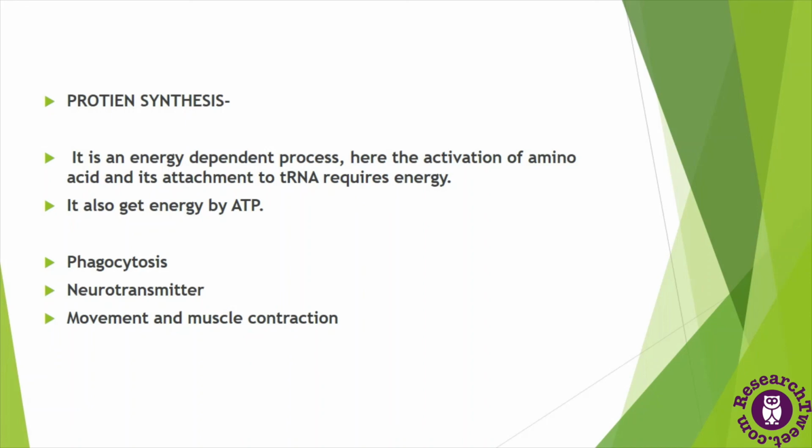Then there are many other functions, like phagocytosis is also an energy dependent process which also gets energy from ATP, and there are neurotransmitters, movement and muscle contraction and many other functions of ATP done in our body.